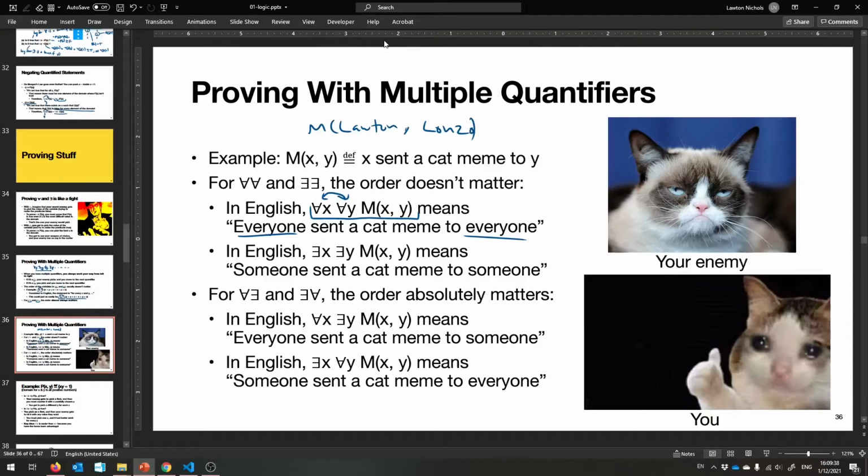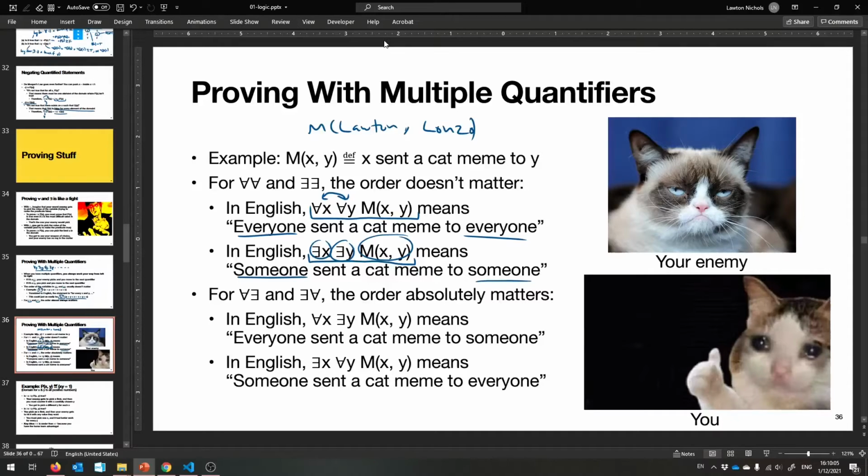So that's for all, and there exists is essentially the same. Let's talk about this one. To translate this statement to English, I hope you can see that it's saying someone sent a cat meme to someone, because we get to pick the sender, just one, and you get to pick a receiver, just one. So there is one x, there's one y, such that m of xy is true.